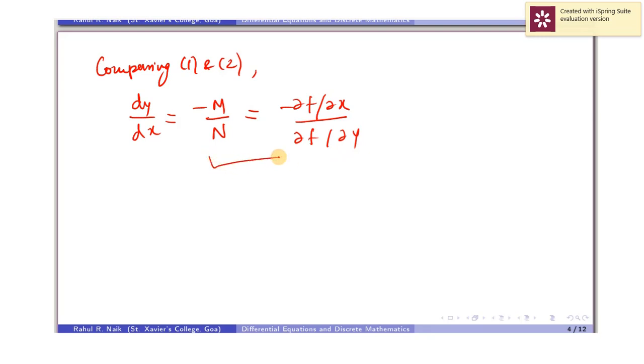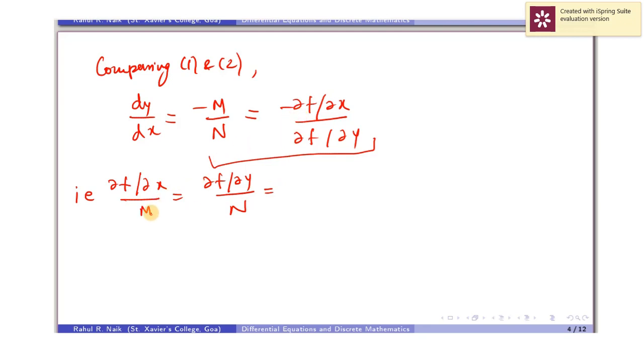So from these two equations, I can write down ∂f/∂x by m is equal to ∂f/∂y by n, which is the same as, I'll call this some function, because this is a function of x and y.